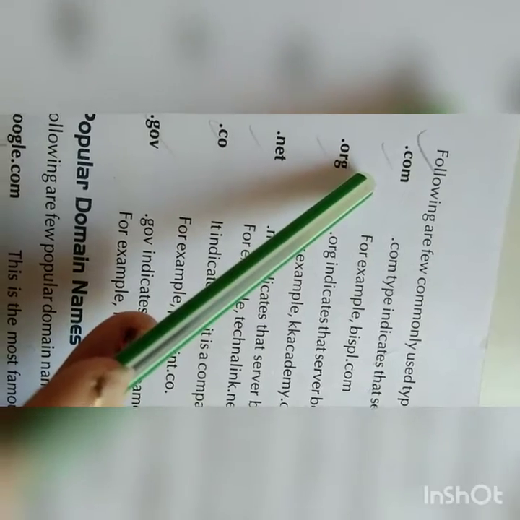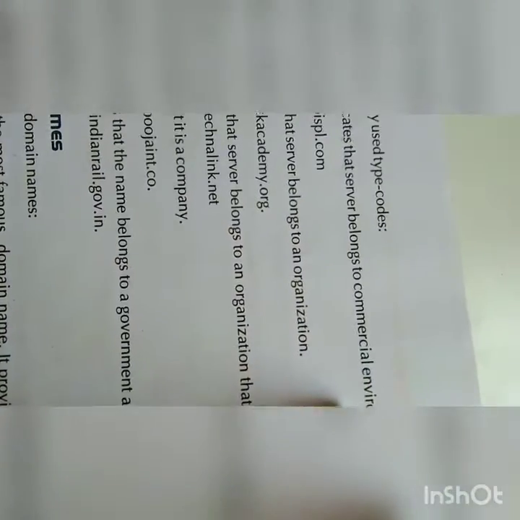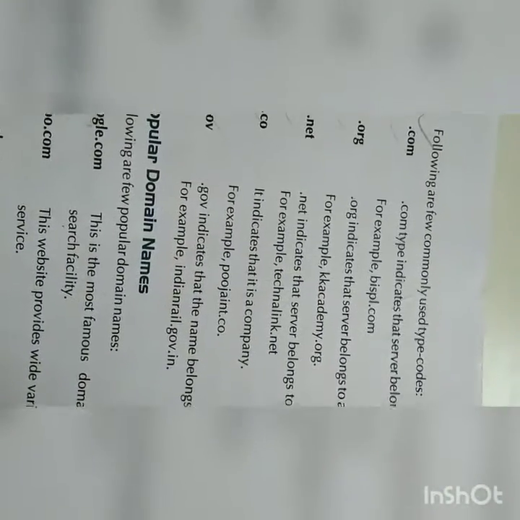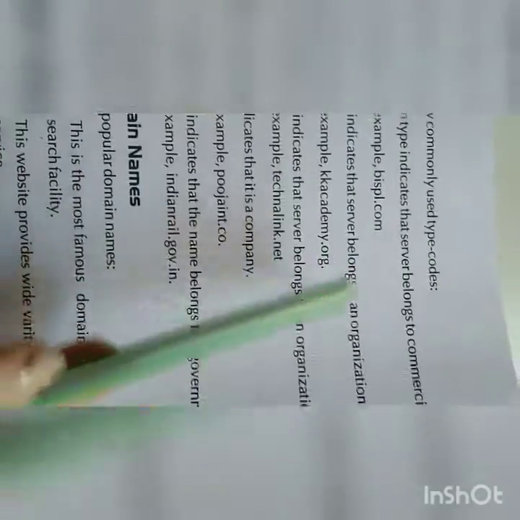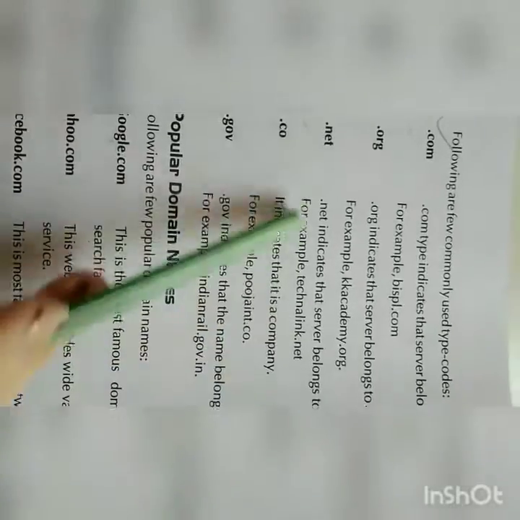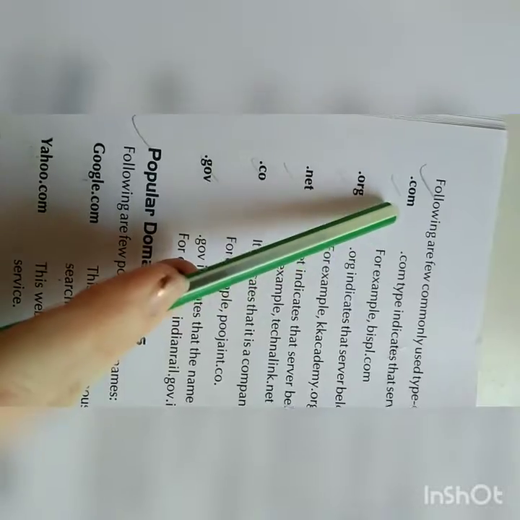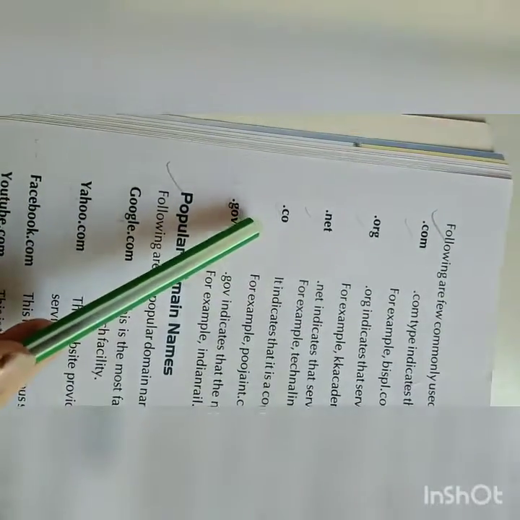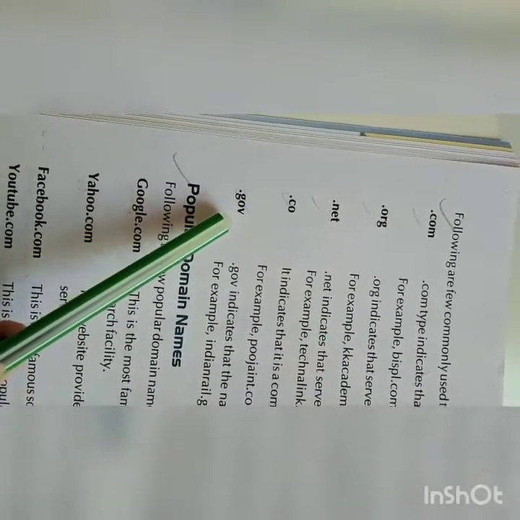It indicates a commercial environment. .com indicates that the server belongs to a commercial environment. .org represents an organization, and .net is for an organization that has a big network, a vast network area. .co indicates a company, and .gov indicates a government agency.